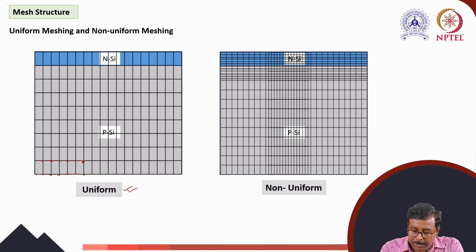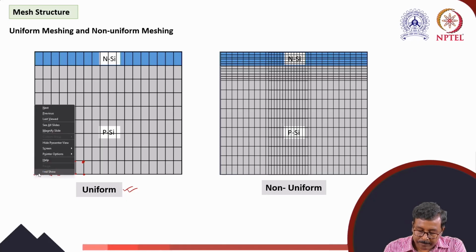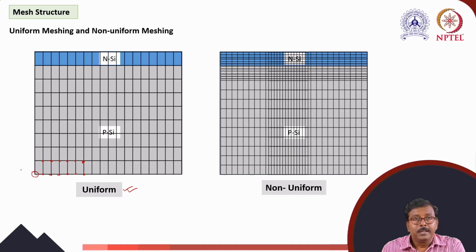And if the boundary condition is given, say the potential at the boundary at x equal to 0 and y equal to 0 is given. Suppose potential is given here. That boundary condition also you have to maintain in the solution. Say this point is x equal to 0, y equal to 0.